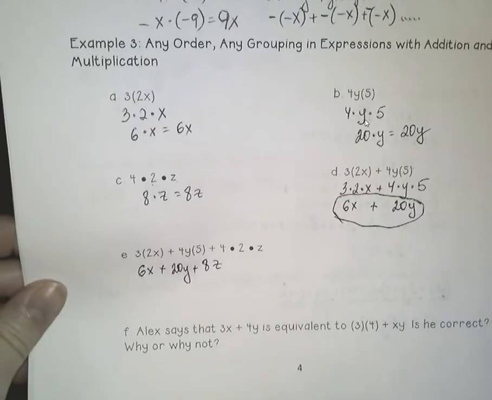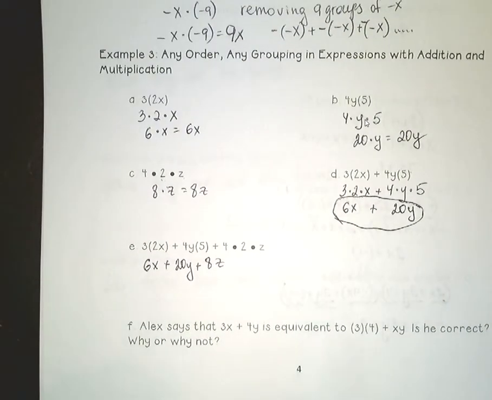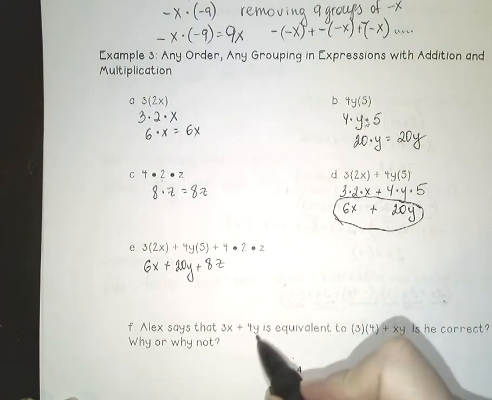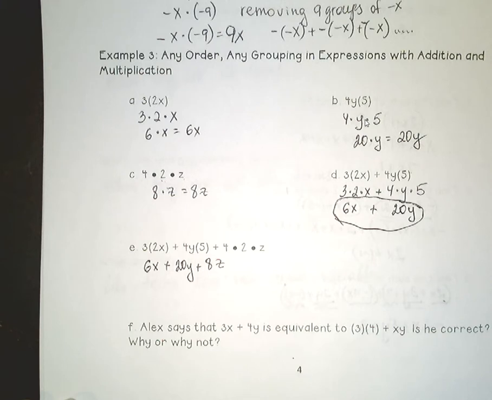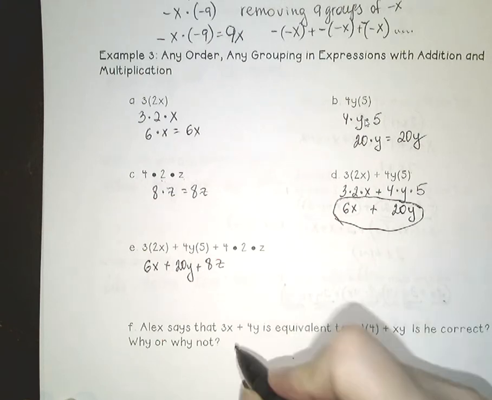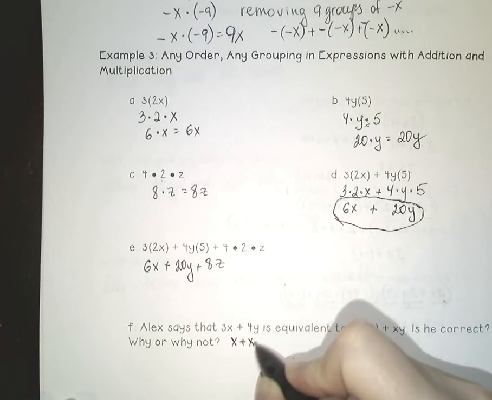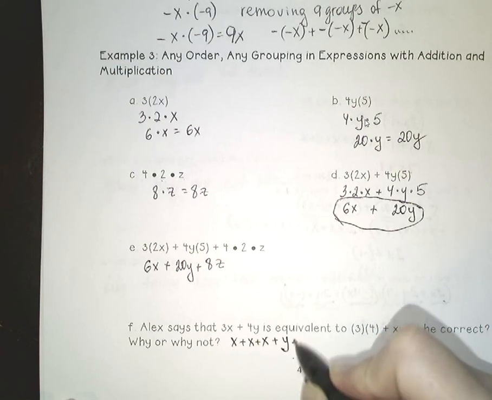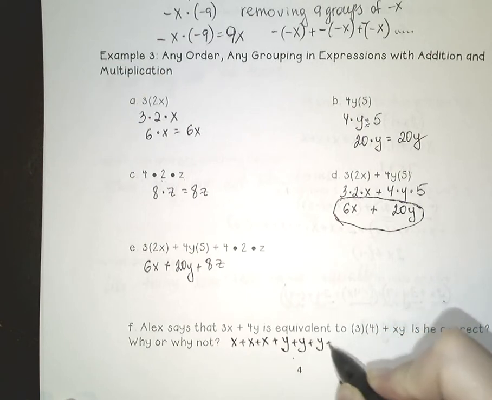Okay? Alex says that 3x plus 4y is equivalent to 3 times 4 plus x plus y. Is he correct? Let's look at it. So 3x plus 4y, how can I rewrite it to show that they're not going to be like terms? 3x is x plus x plus x, correct? And 4y is y plus y plus y plus y.